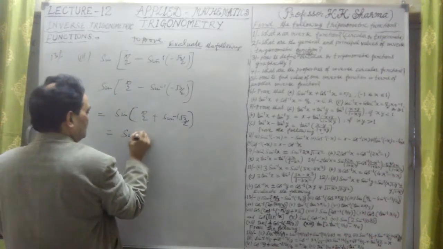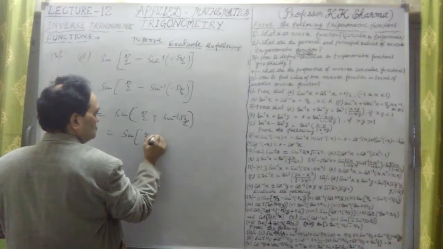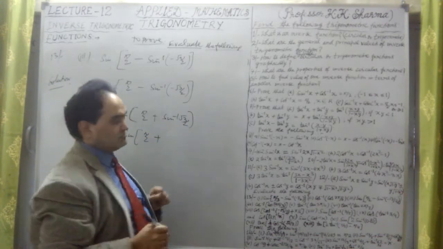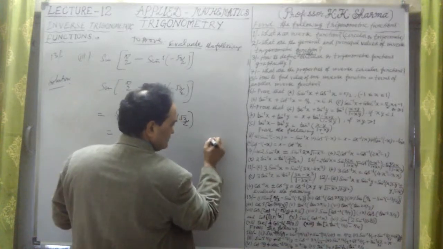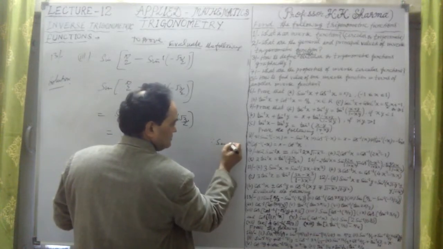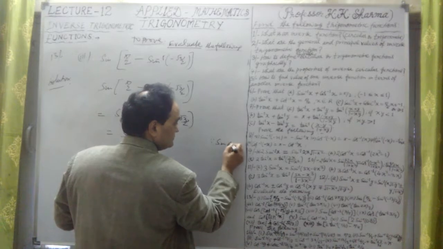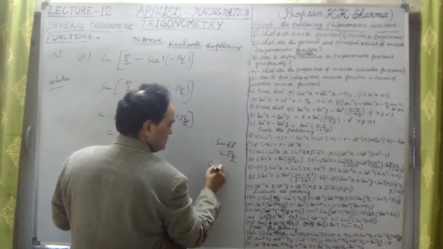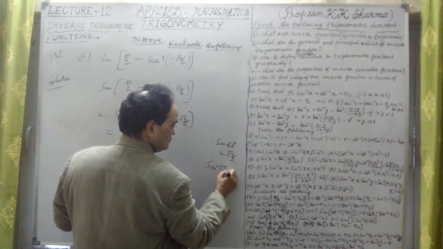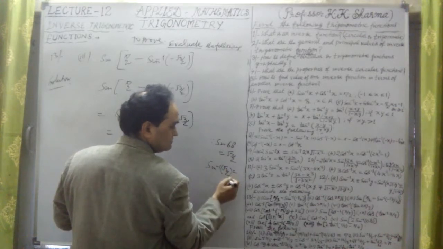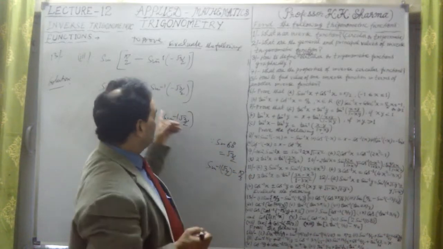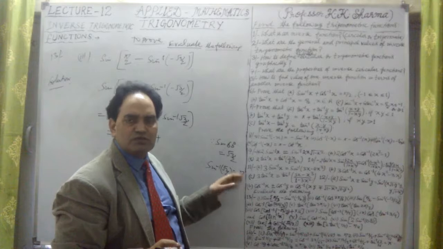Now this is sine of pi by 2 plus sine inverse root 3 by 2. Because we know that sine pi by 3, or sine 60 degree, is equal to root 3 by 2, therefore sine inverse of root 3 by 2 is equal to 60 degree, or pi by 3 in radians, because pi by 2 is given to us in radians.